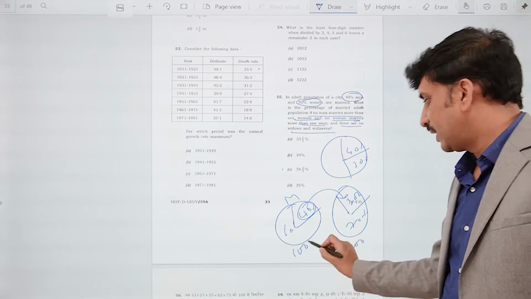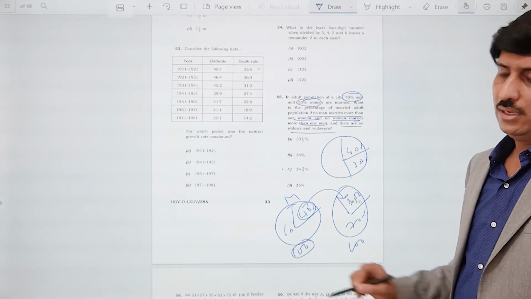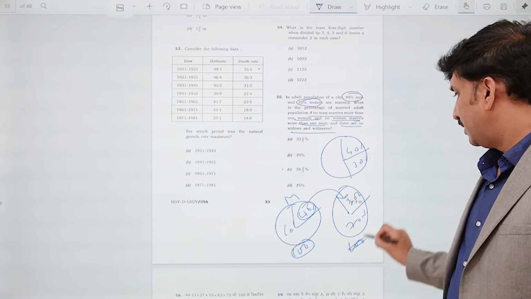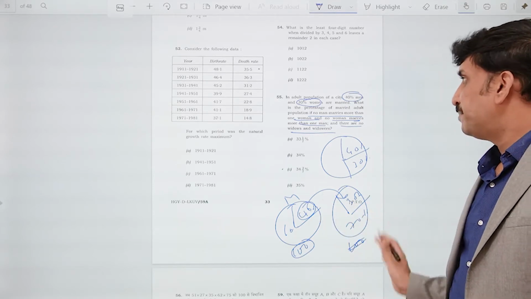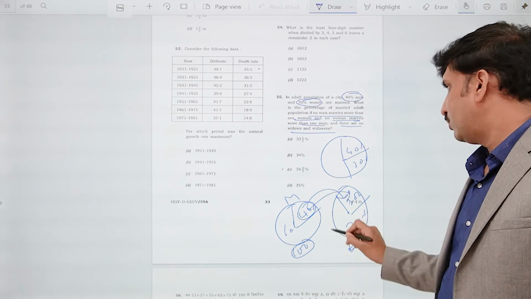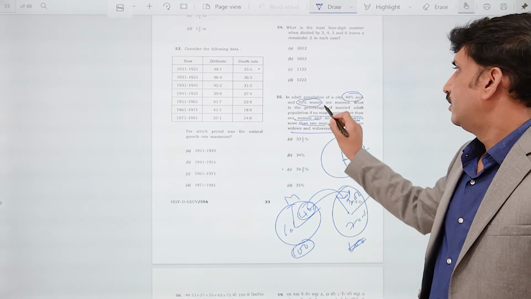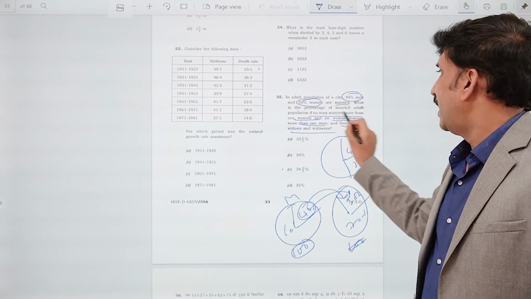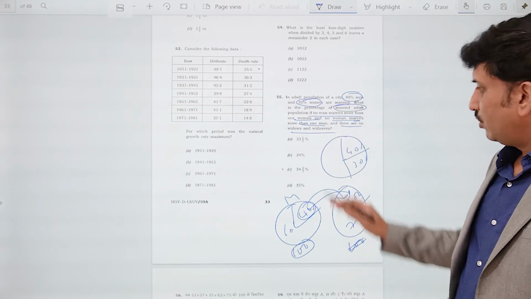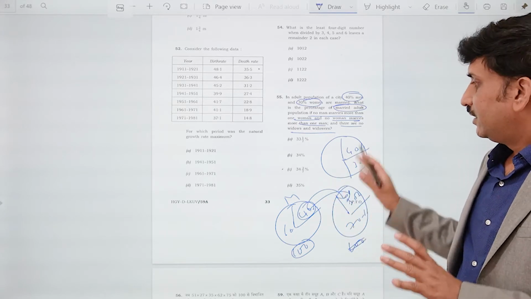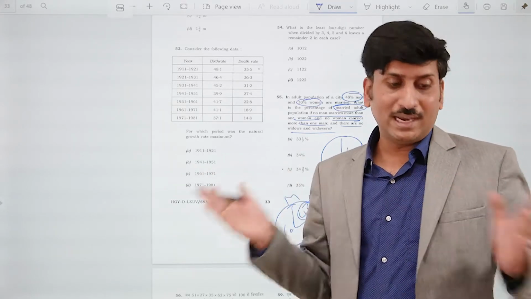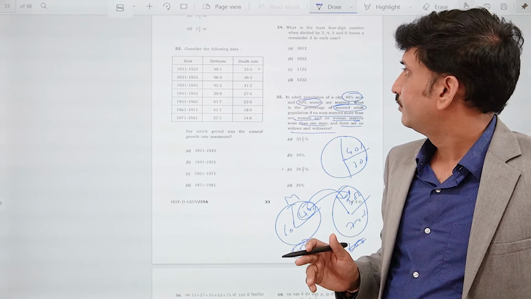That means we cannot take the population of men as 100 and population of women as 100. So we need to compare them equal. When it is equal, then it is possible to answer the percentage of married adult population. Anyway, that we will understand in the percentage chapter, how to correlate these two, okay.